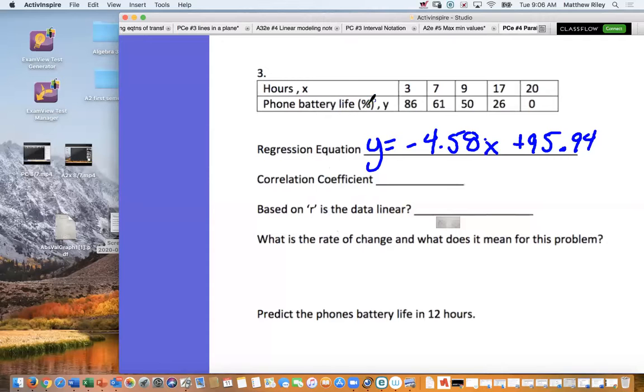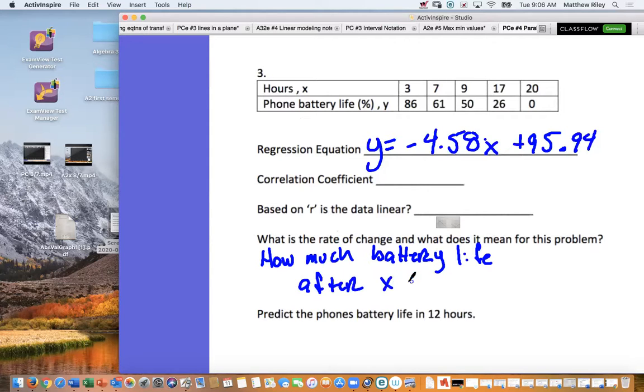It's how much battery life you have left after x hours. So change in y. This means you are losing 4.58% of your battery life every hour.